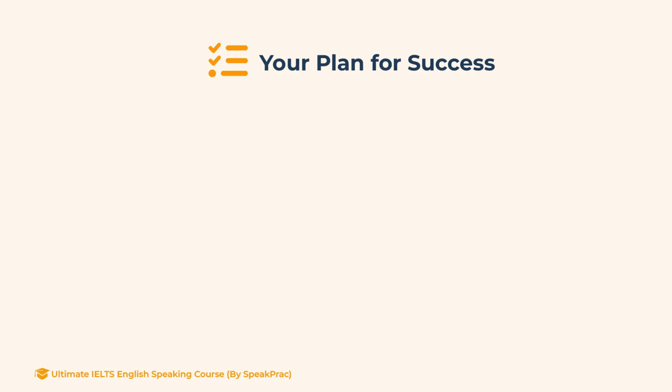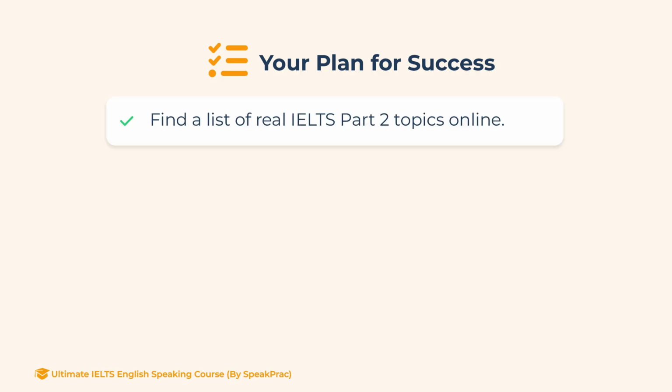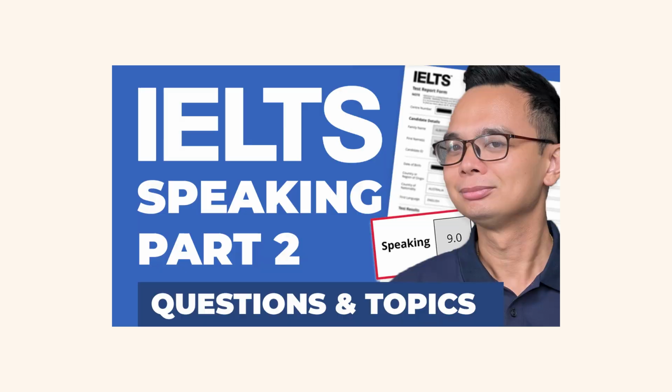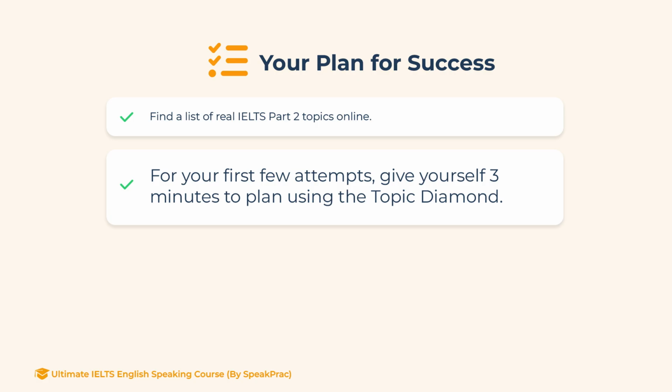First, start slow. Find a list of real IELTS Part 2 topics online. And I've actually got a video coming up which describes and gives you a whole list of IELTS Part 2 topics. For your first few attempts, give yourself 3 minutes to plan using the topic diamond, not just one.